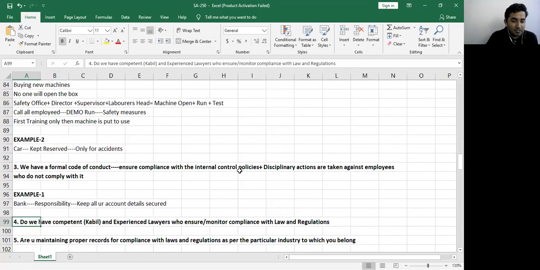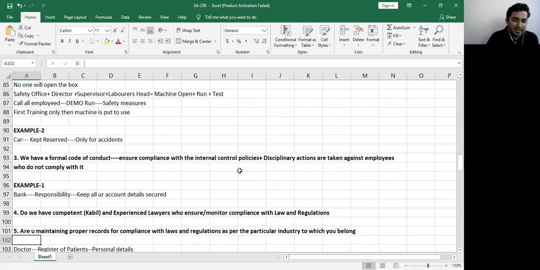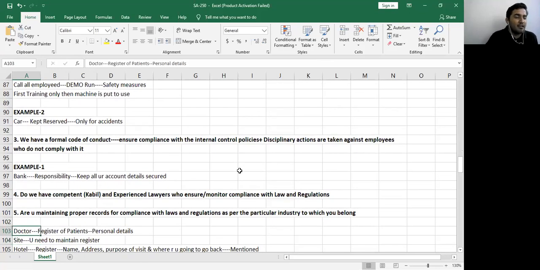The management will have to ensure that they have competent and experienced lawyers who are monitoring the compliance with laws and regulations. And finally, is the management maintaining proper records for compliance with law and regulation? We saw for doctors, they have to maintain a register known as the 3C register, which has the details of all the patients.